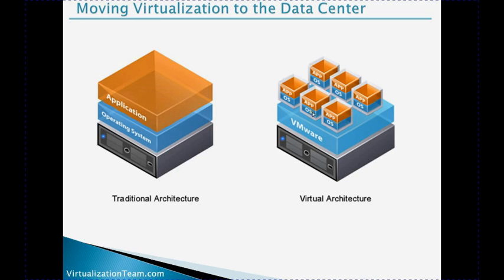When the next user comes in, I don't have to go and buy a second server like I did in the traditional architecture. I could just expand into some of the resources that are not being utilized by the first user, create a second virtual machine with the required resources, then install the operating system on it.